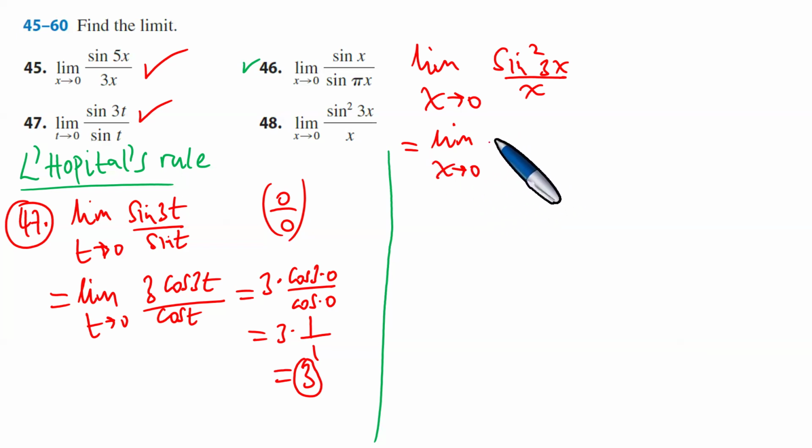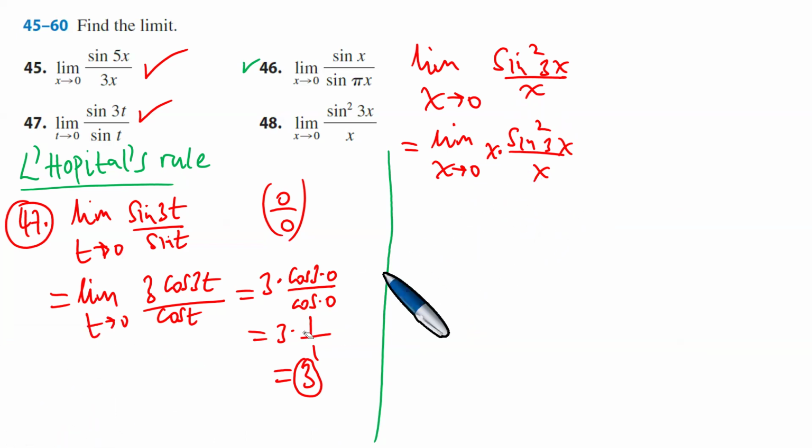Now, if you look at this, you can write it as the sine squared of 3x, and you can put 3x by x here, like this. Just put x first.